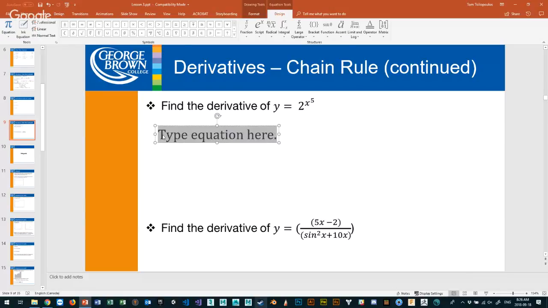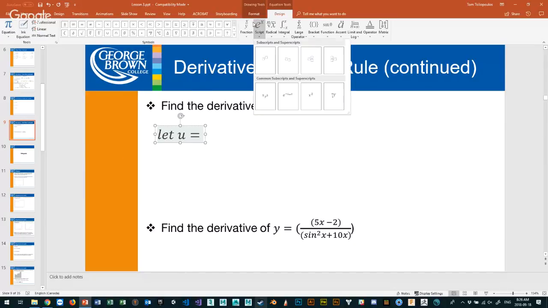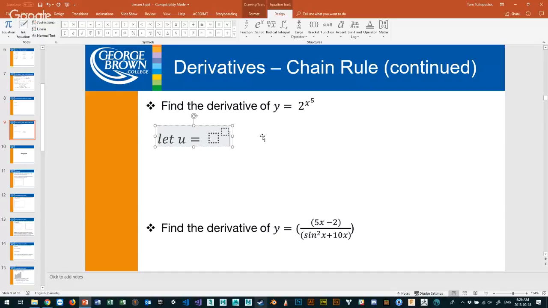So we can say that u is equal to what then? Could I say x to the 5? Is that possible? Let's assume you're right. Let's assume it's x to the 5 and put that in there. So here's x to the 5. All right, so let's say u is equal to x to the 5. And we can also write, what would be u prime then?